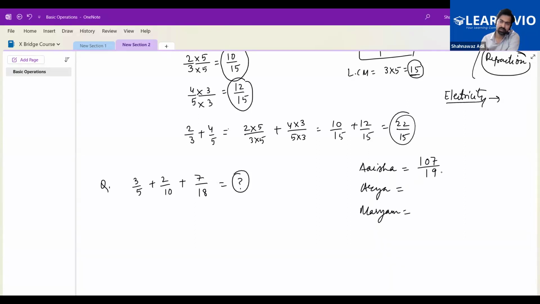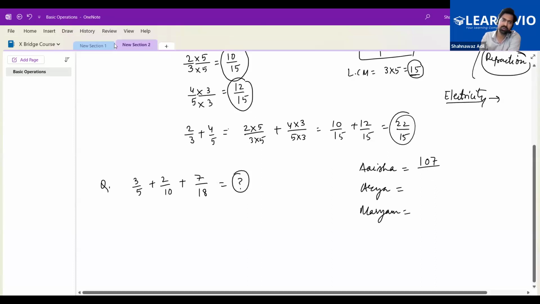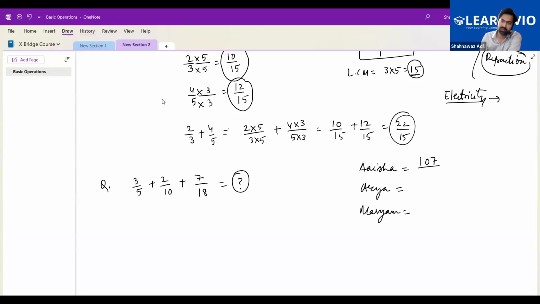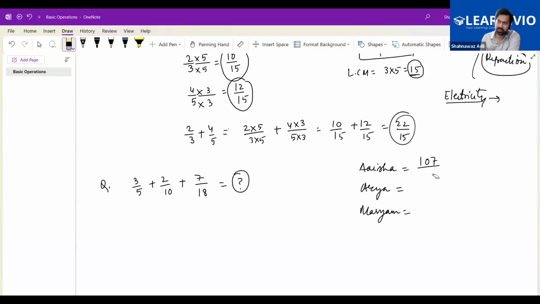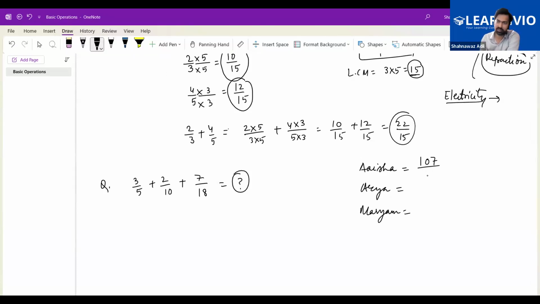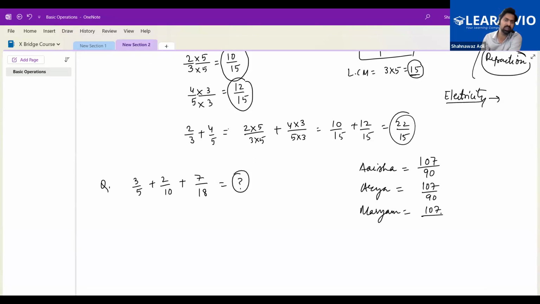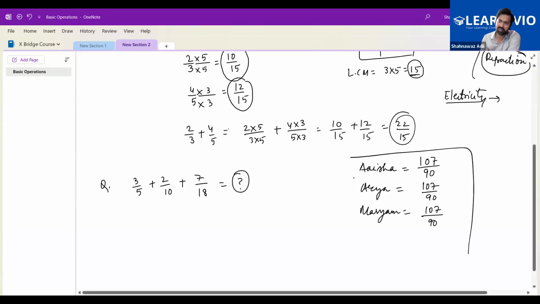No, 90, 90. Oh, 90. Okay, yes. Good. So I also got the same answer. Sir, I also got 107 by 90. Good. So everybody is on the same page, right? Everybody got the same answer, which means that you guys are very comfortable with this calculation. If everybody is getting the same answer, the answer is correct.